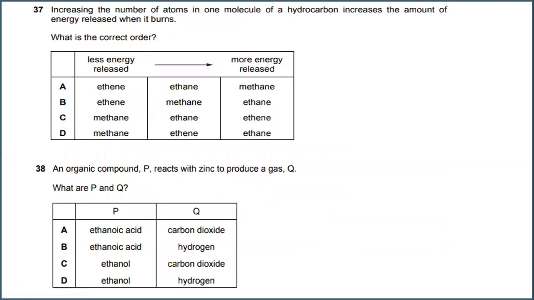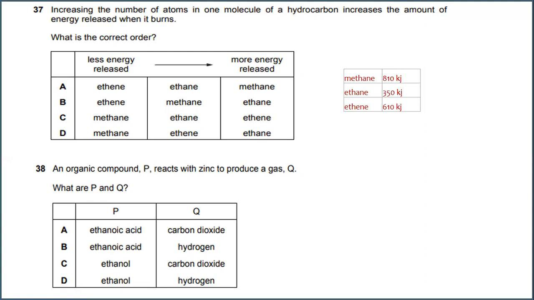37, increasing the number of atoms in one molecule of a hydrocarbon increases the amount of energy released when it burns. What is the correct order? Methane requires high energy, but in terms of releasing energy it is less. The first one, with the least energy release, is methane. Number 2 is followed by ethane.